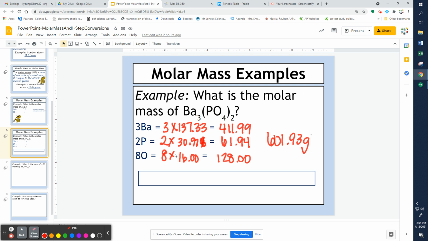So what that tells me is that 1 mole of barium phosphate is equal to 601.93 grams. Now I'm going to be able to use that to convert from grams to moles or moles to grams.